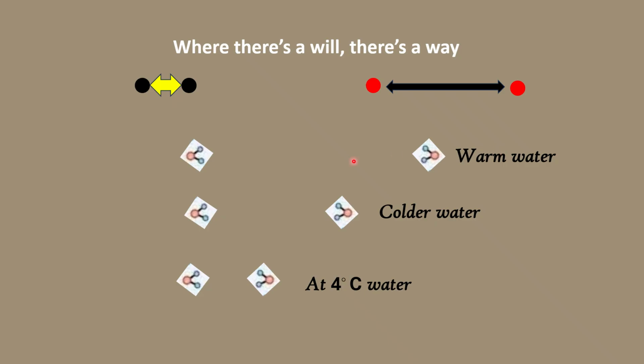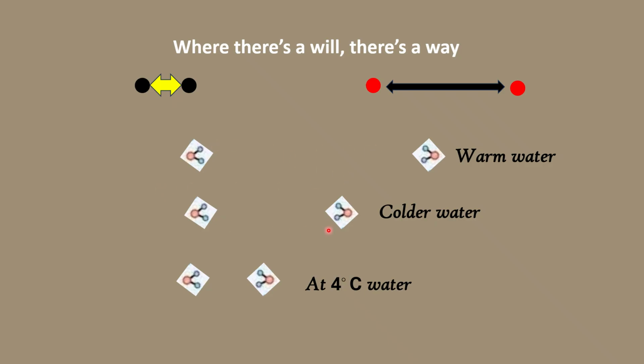When you cool them, when the temperature falls, the kinetic energy of the molecules decreases. Then what happens? The molecules get closer and closer, right? And the volume decreases. The molecules are getting crowded. The distance of separation decreases and the volume decreases.